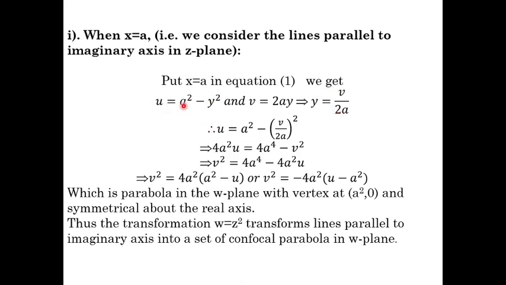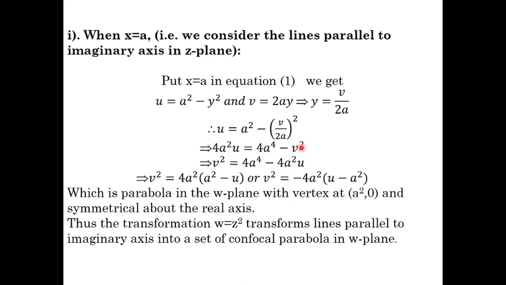So u = a² - (v/2a)². Now simplify: here (2a)² is 4a². Take the LCM as 4a². Then cross multiply, we get 4a²u = 4a²·a², that is 4a⁴ - v².